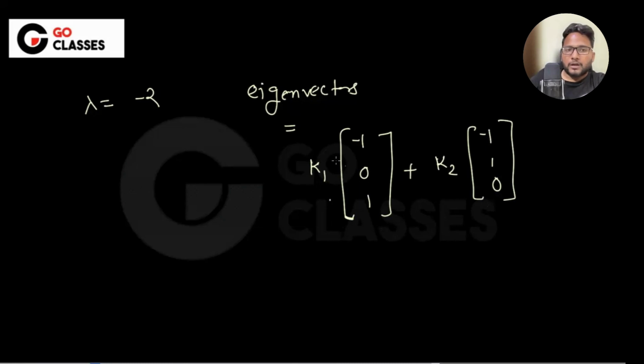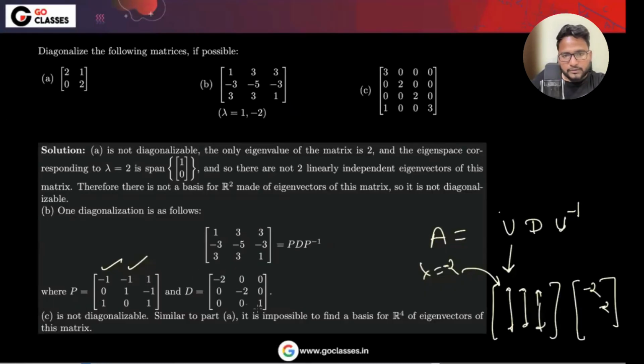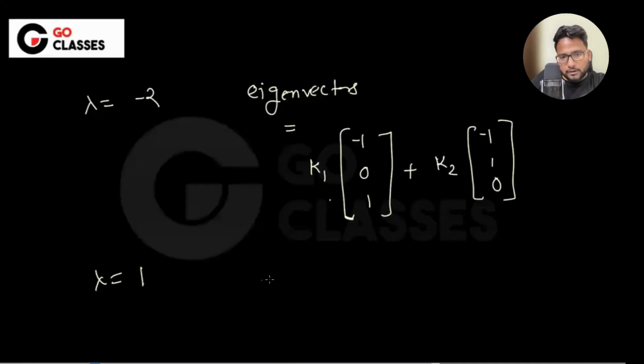And now corresponding to lambda equal to 1, we have got k into 1, minus 1 and 1. So these are the set of eigenvectors that we have got.